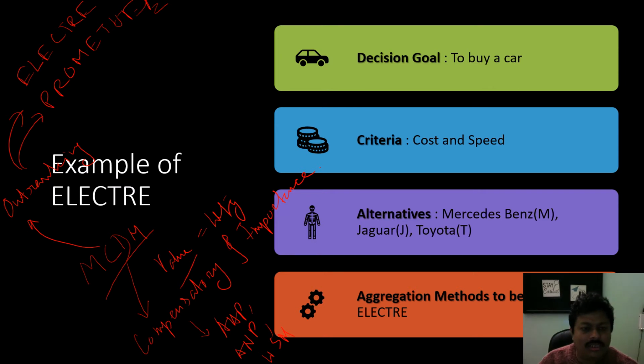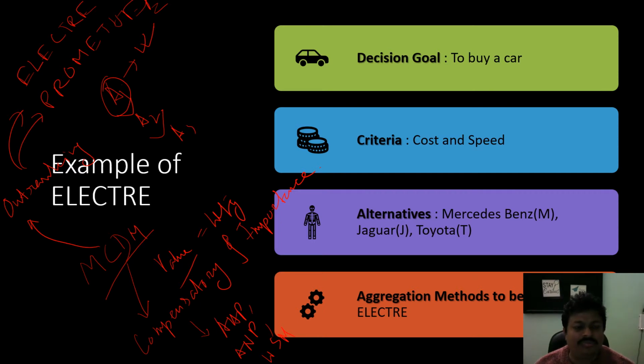In this case, the decision is made by outranking one alternative from the other. Suppose there are three alternatives: if A1 outranks A2 and A2 outranks A3, then A1 is your selected alternative.